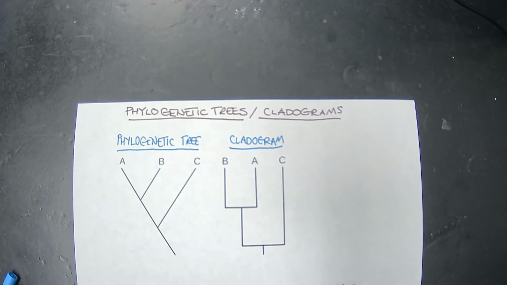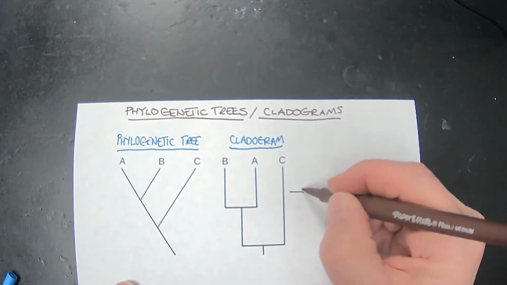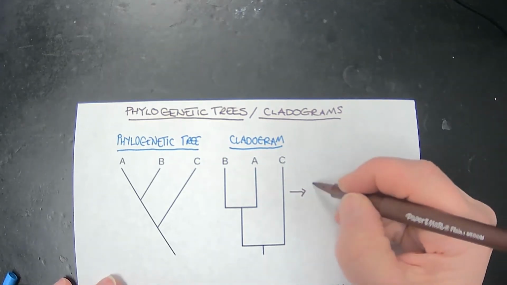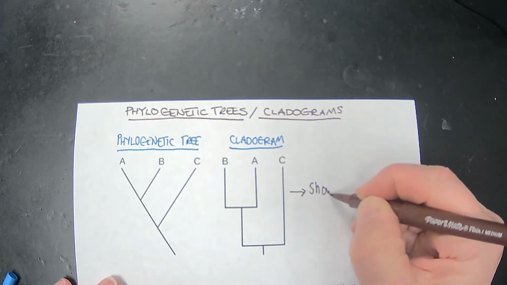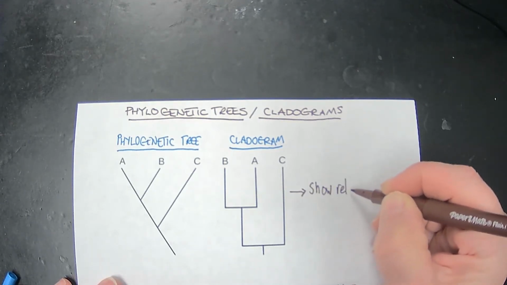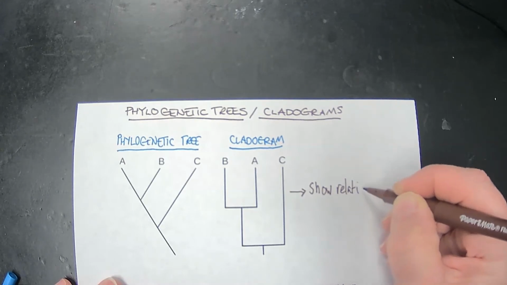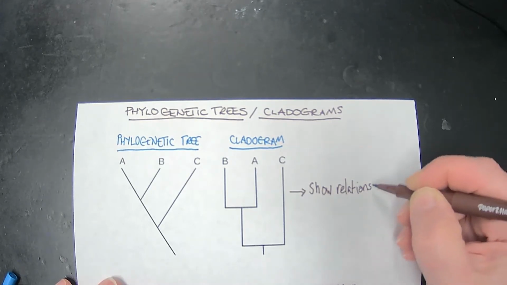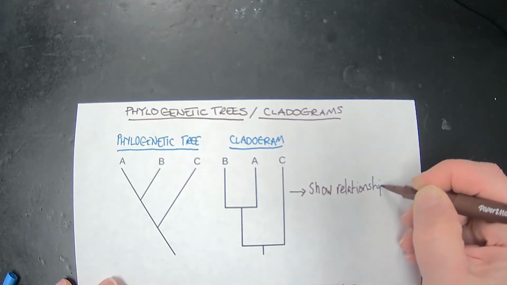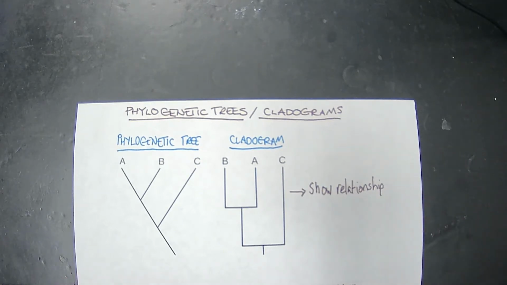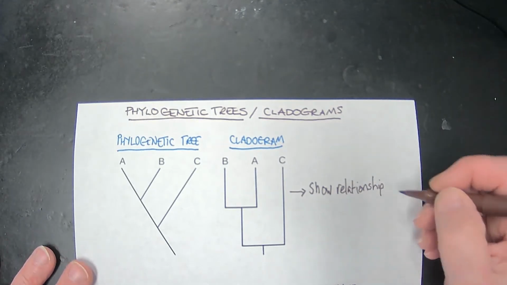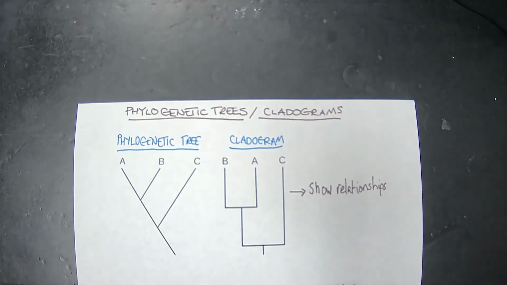So cladograms have one job, and its one job is to show relationships. So you would take a whole bunch of evidence, maybe DNA evidence, looking at DNA for a certain protein and seeing which ones have ATGC nitrogen-based sequences which are more alike and which ones are less alike, and that would show you which were more or less closely related to each other.